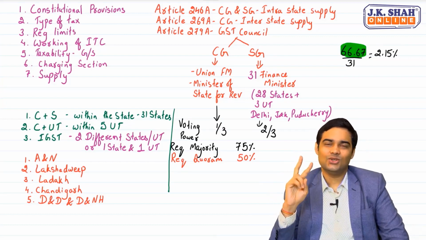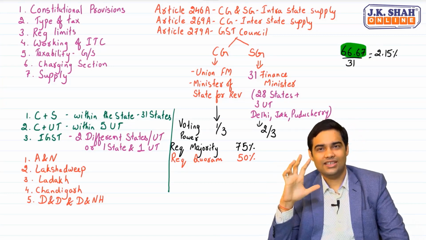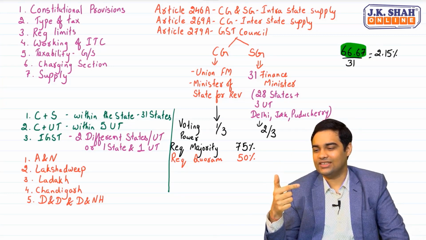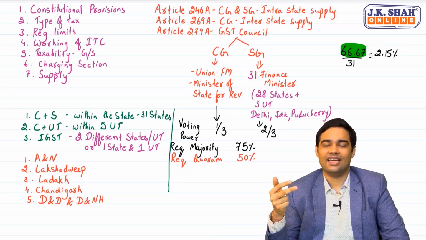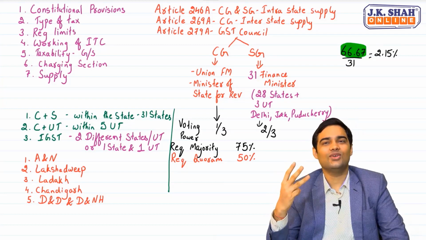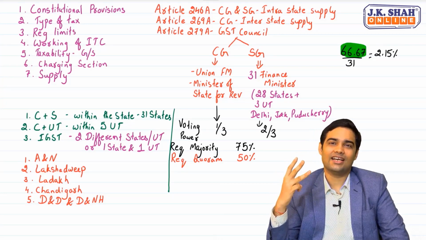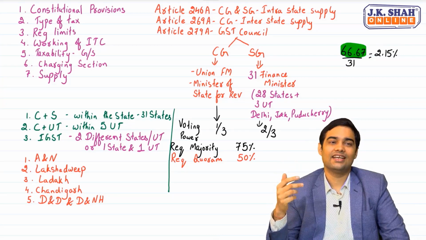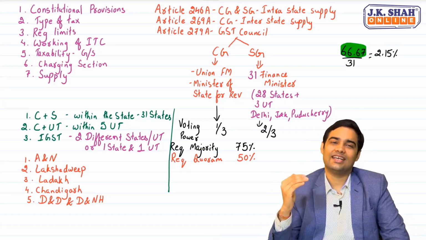We have discussed two aspects till now. One was the constitutional provisions, where we covered 246A, 269A, 279A. And we understood that three union territories will always be regarded as a state: Delhi, Jammu and Kashmir, Puducherry. Then we discussed about type of tax.